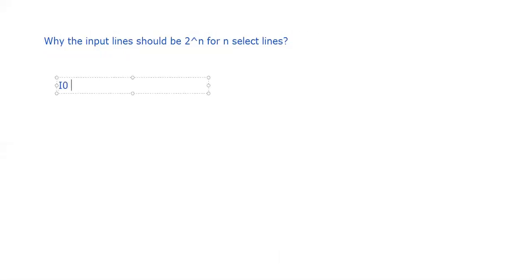This can be a valid question. So suppose we are having 4 input lines, I0, I1, I2, and I3.